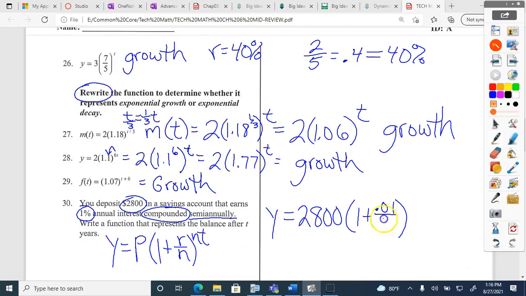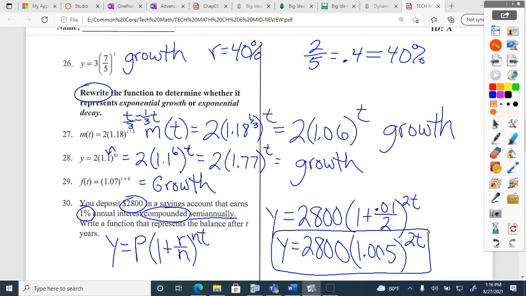So over 2 times t power. And all you have to do is simplify the parentheses. What is 1 plus 0.01 divided by 2? It equals 1.005 to the 2t power.